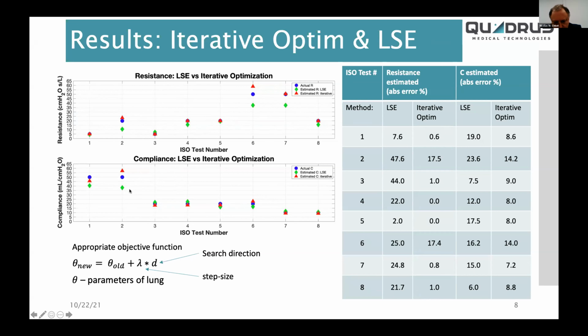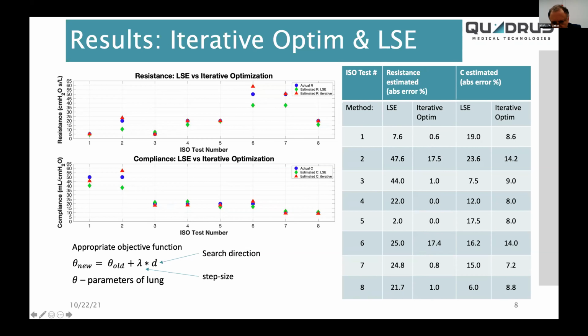The blue is the actual set, the green is the least square estimation, and red is the iterative optimization. Now, here are the results, and we have noticed that the iterative optimization performs much better compared to the least square estimation across all the isotests, across 8 isotests.